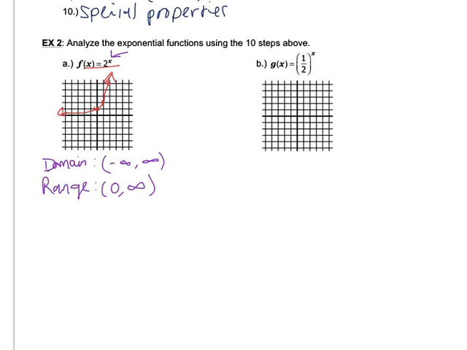Really, it's increasing on its entire domain, so it's always increasing: increasing on negative infinity to infinity. Another way to say that, if it's increasing on its entire domain, is that the function is strictly increasing.